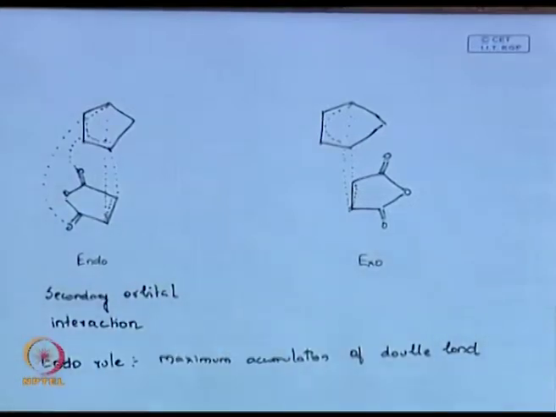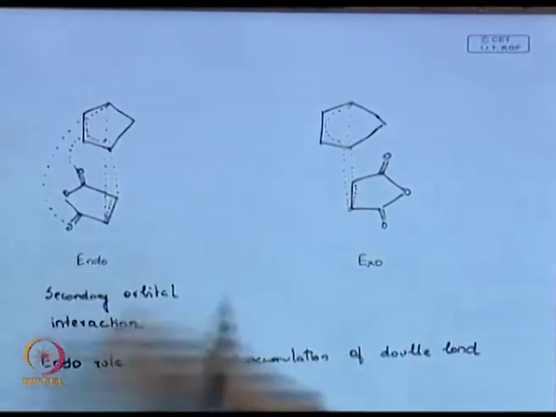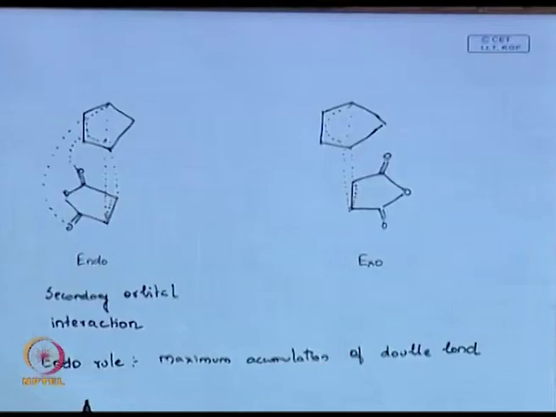So you can view it in terms of secondary orbital interaction, or sometimes you go with your Endo Rule, which says maximum accumulation of your double bonds on one side. So that is what your exo-endo selectivity is. So when you come across two products like exo adduct as well as endo adduct, endo is much more selective because of the secondary orbital interaction and is governed by the Endo rule. Clear?